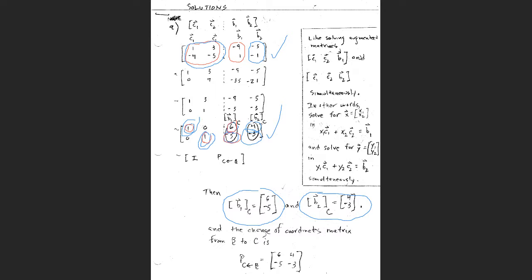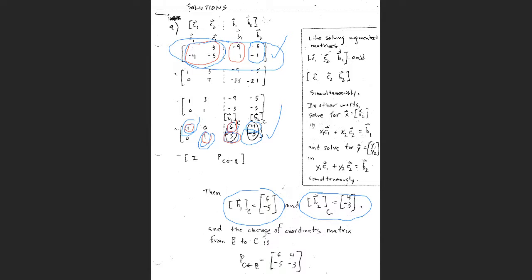So if you wanted to find the coordinate vectors of your vectors in basis B with respect to basis C, you could solve 10 different systems of equations separately, or you could set it up as one huge matrix.